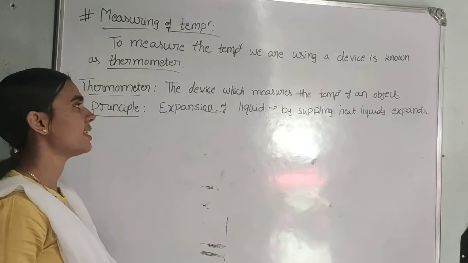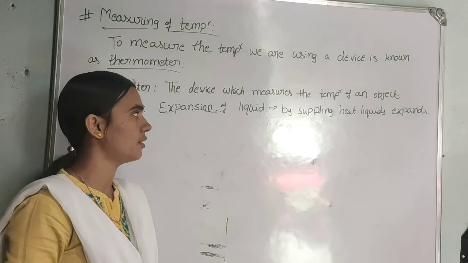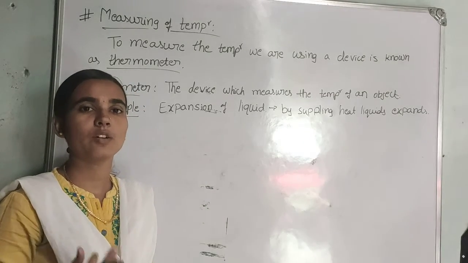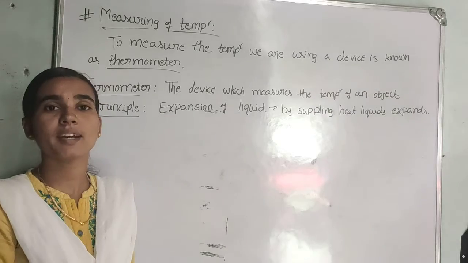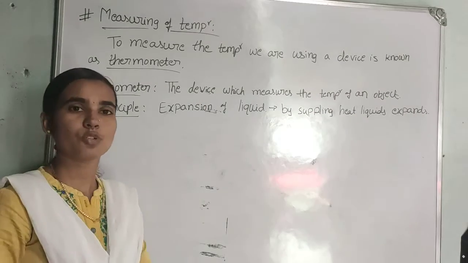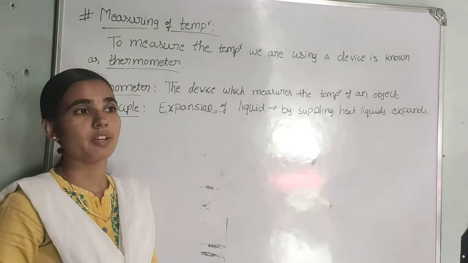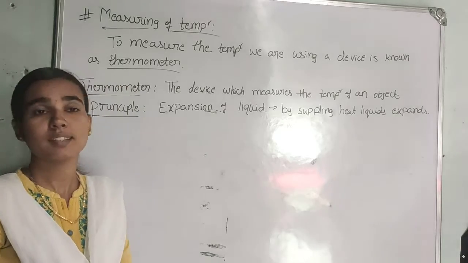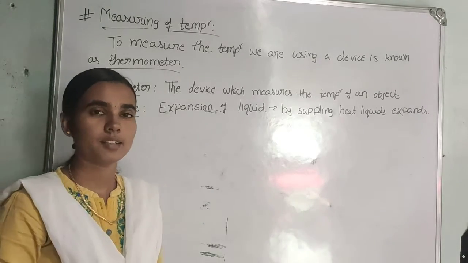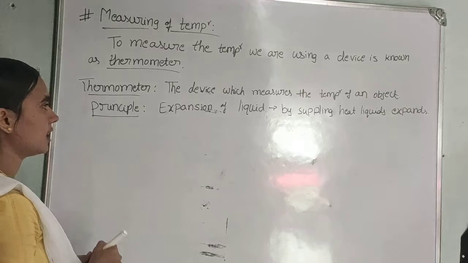That we are calling expansion of a liquid. So by supplying heat, what happens is the liquid keeps expanding. That we call expansion of a liquid. So whatever thermometers are there, they are working under the principle of expansion of a liquid.